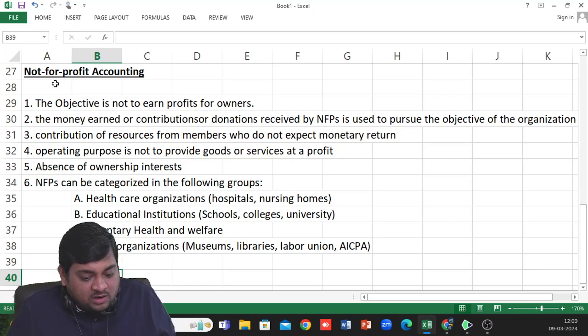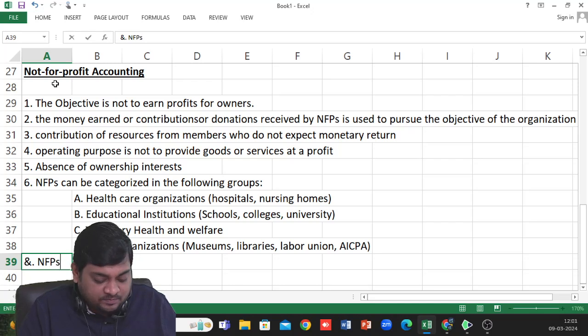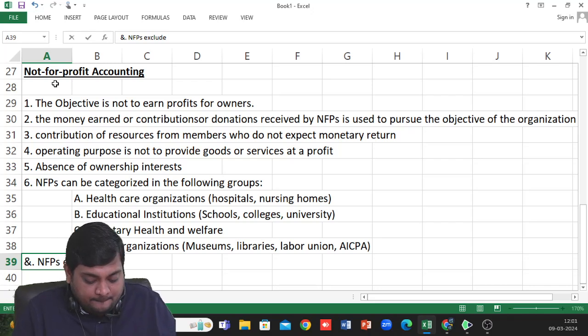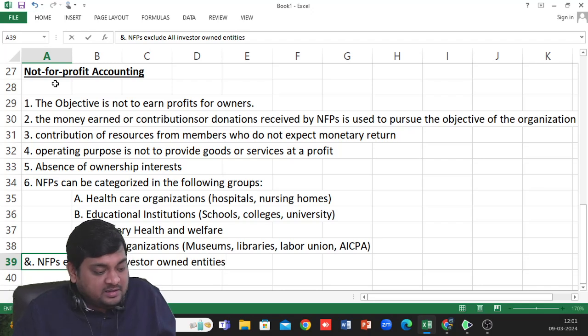Now, what does it not include? So, not for profit organizations exclude all investor owned entities, right?